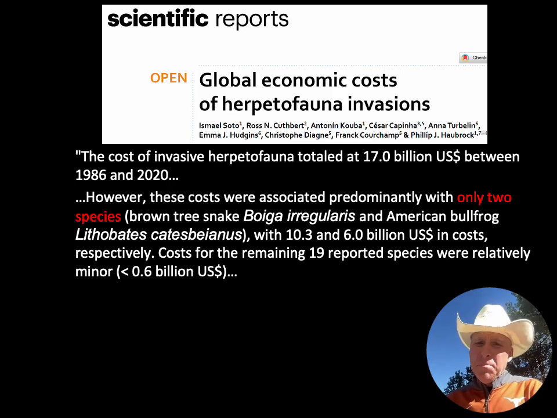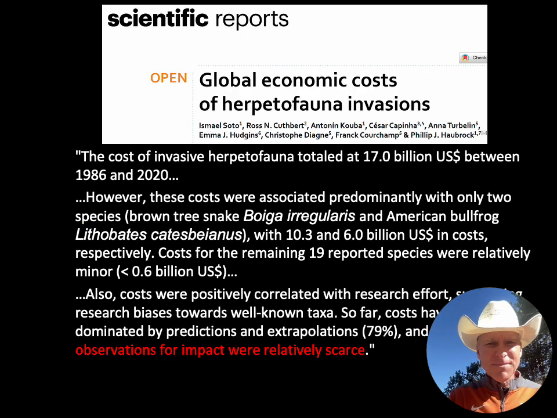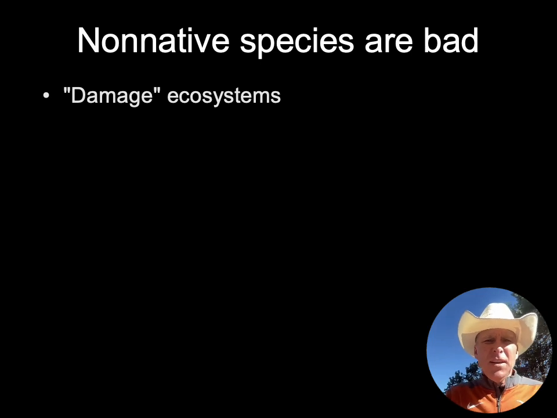So that's a big number, but let's say we take the hit on these two and deal with it because they're here, then we'd be fine, right, economically? And this is making the point that costs are positively correlated with research effort. You're trying to figure these things out, and you're putting money into eradicating them. If you just let them be, you wouldn't have these costs.